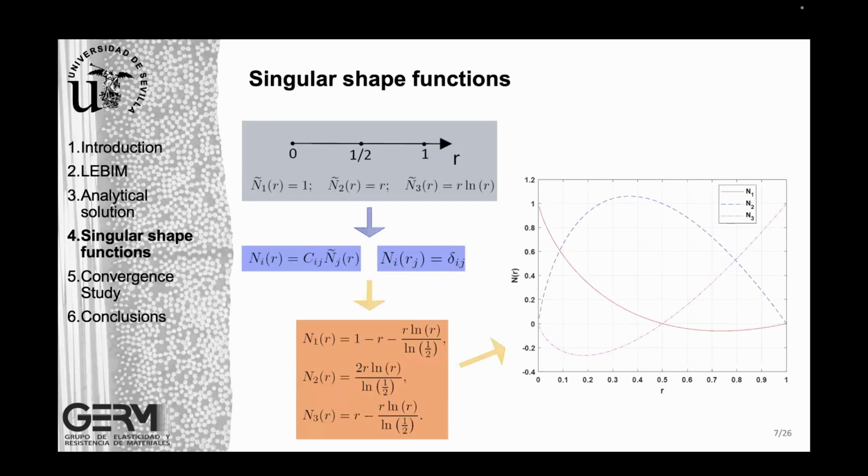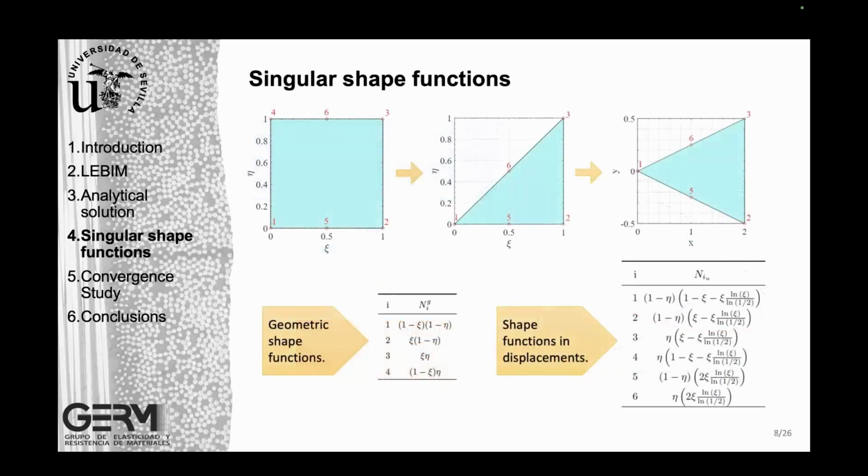So we started with a 1D behavior, just on 1D, and we proposed these shape functions. The next step was to move this to 2D. We started with a quadrilateral element, which was basically a 4-node element where we include a middle node in order to include the new shape functions.